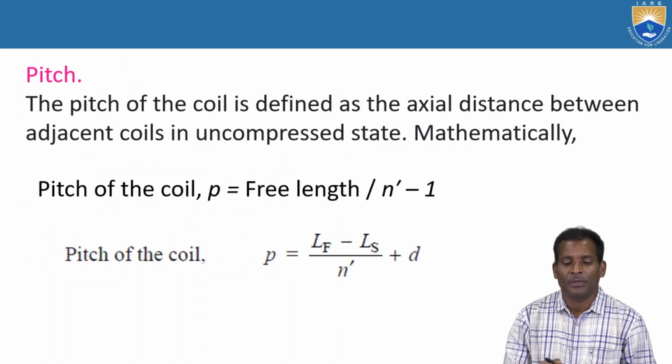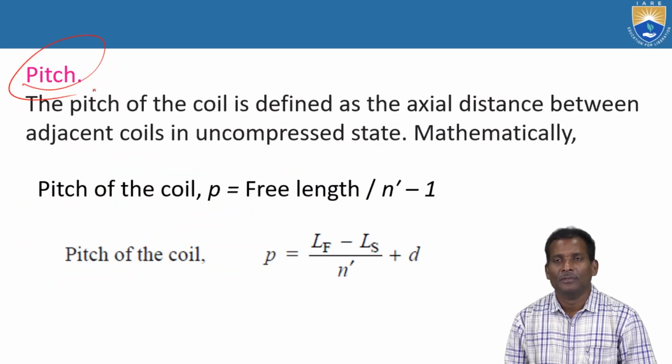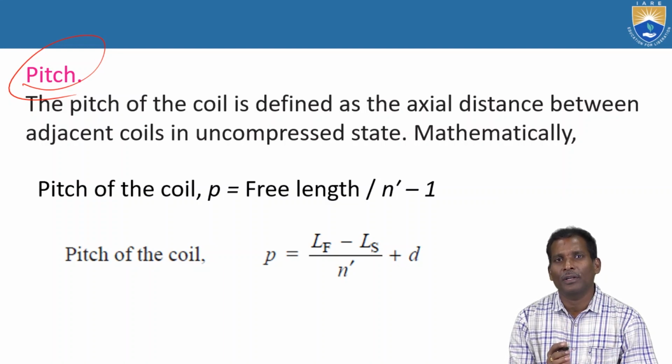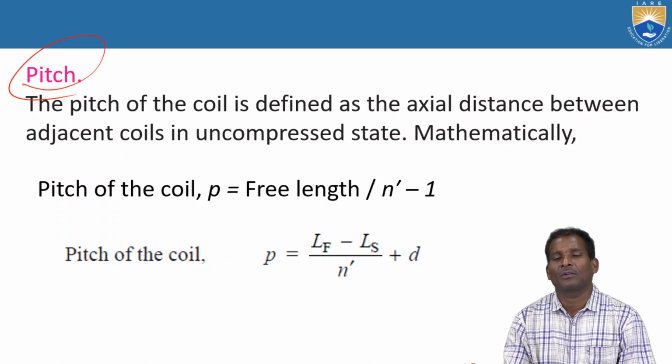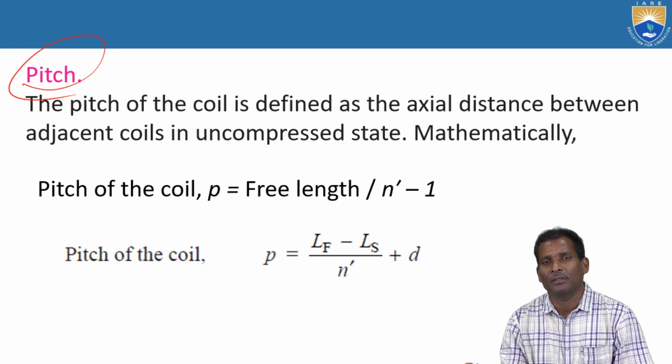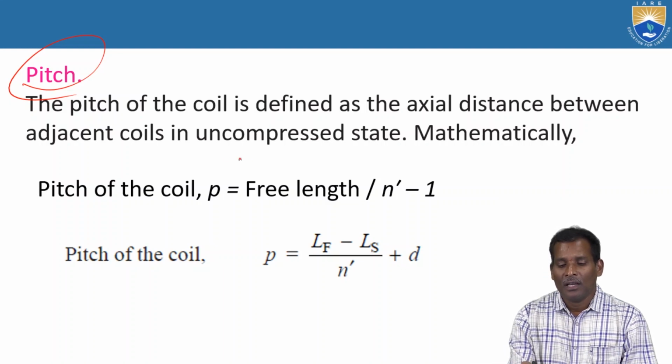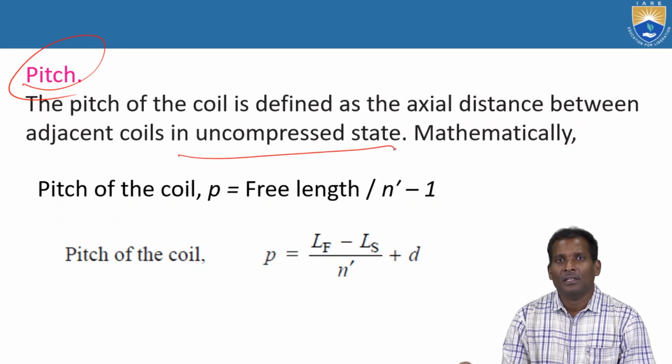Next term is pitch. It is defined as the axial distance between adjacent coils. So what is the axial distance between one coil and the next adjacent coil, in the uncompressed state, not in the compressed state.